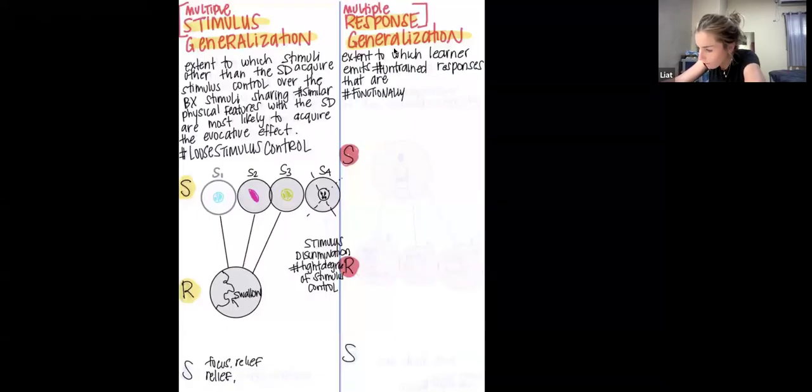Functionally equivalent to the trained target behavior.